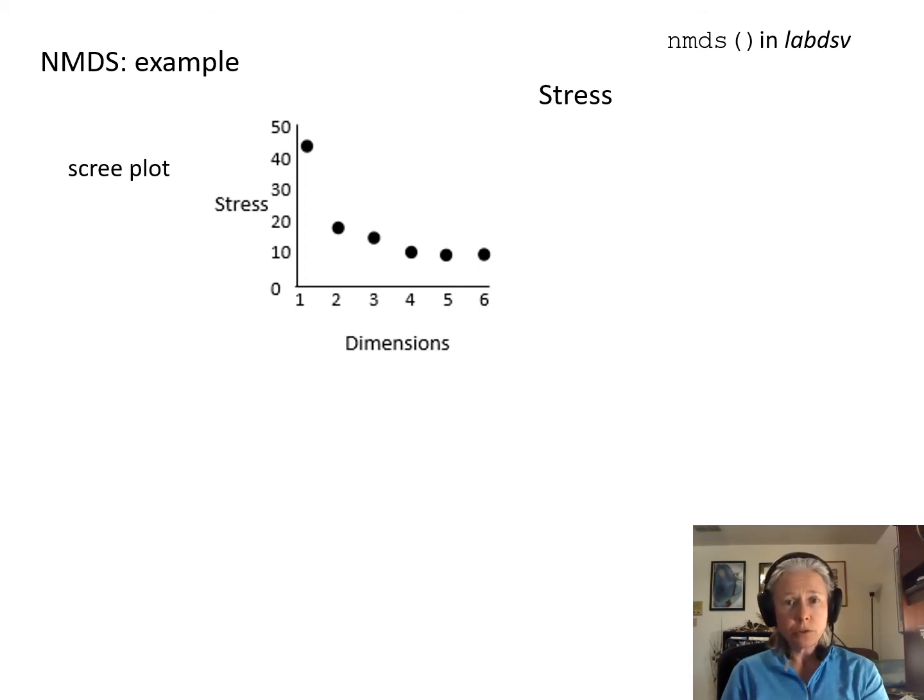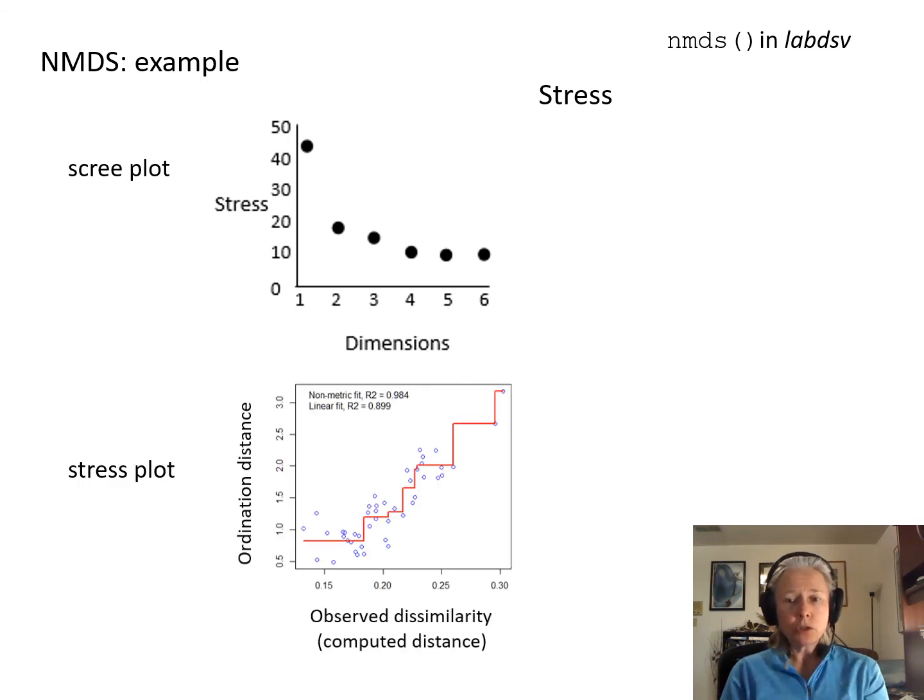But most functions in R don't produce a scree plot. They produce a different kind of visualization that's called a stress plot. And it shows scatter around the regression line between interpoint distances in the ordination against their original dissimilarities in the distance matrix. And what you're looking for is tight scatter around the regression line.